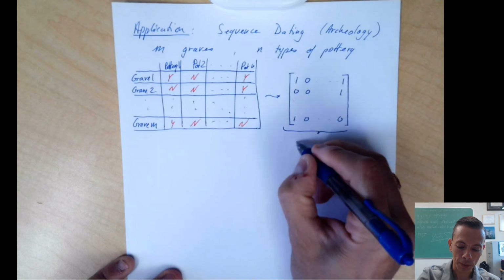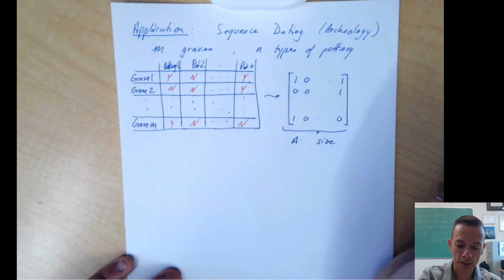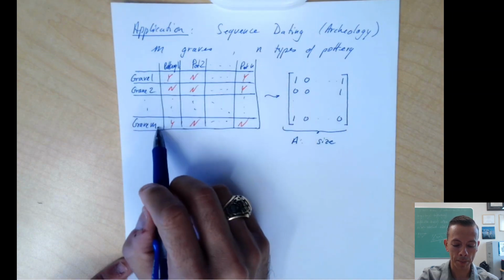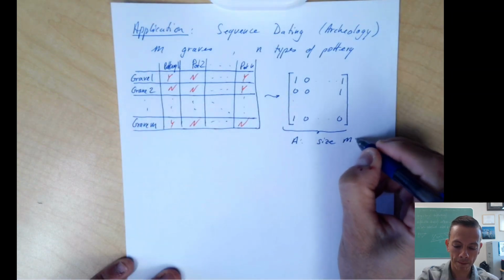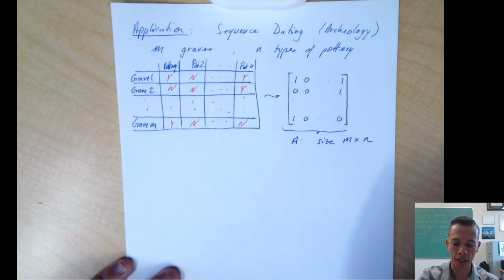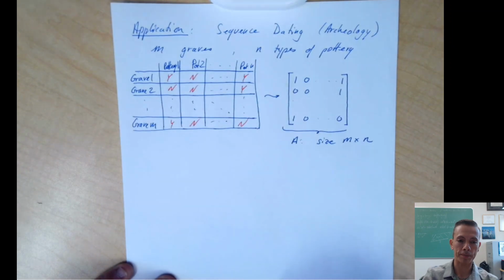Okay, so this matrix A is generally speaking not a square matrix, but it has size M by N: M graves and N types of pottery. You can call this the archaeology matrix, A for archaeology.